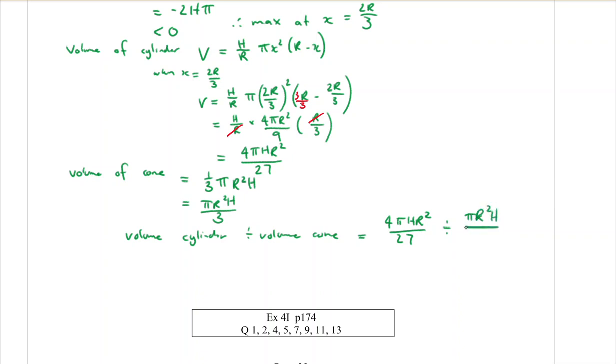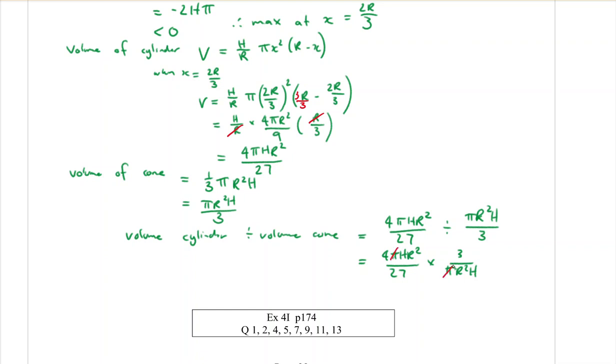h over 3. Okay, Lachlan's time to shine, to divide those fractions. Leave it, kiss it. That's right. So let's do 4 pi h r squared over 27 times 3 over pi r squared h. And this is where the fun happens, because just about everything cancels out.